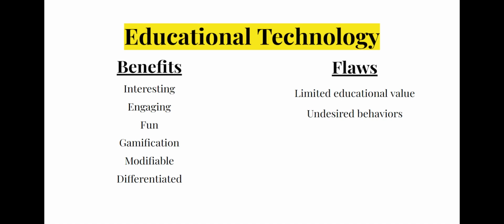A primary flaw in educational technology is that of selecting a tool for the classroom that does not provide much educational value. And Bohr really highlights that it's important to know that the educational technology that's being implemented is going to actually provide value to the learning.